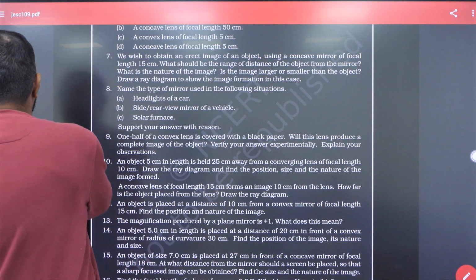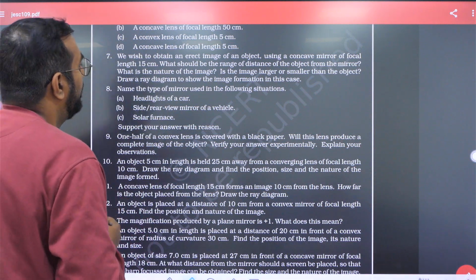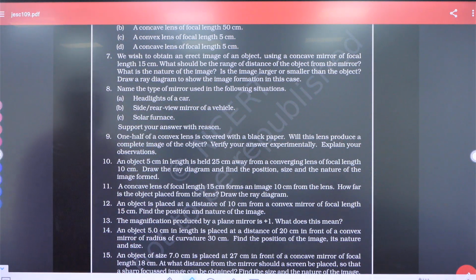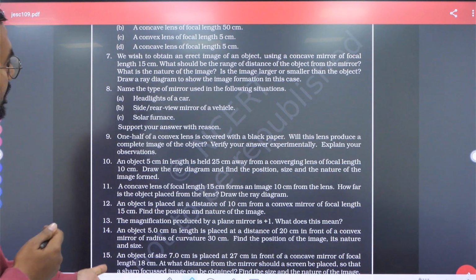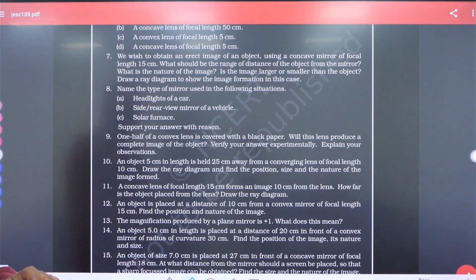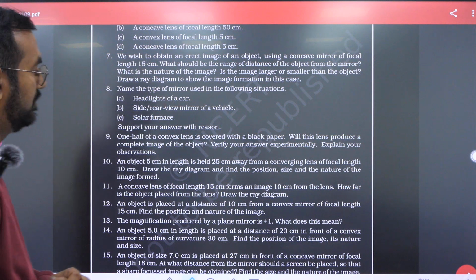Now let's move to question number 7. We wish to obtain an erect image of an object using a concave mirror of focal length 15 centimeter.